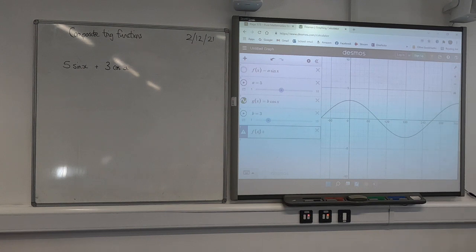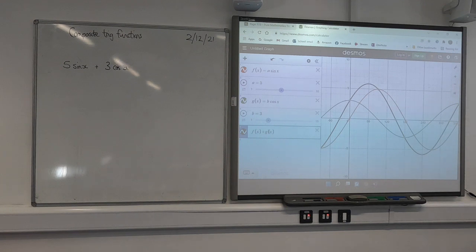Okay, here we go. So I'm saying let's take the red line, which is 5 sine x, and the green line, which is 3 cos x, and let's add them together. What do we get? We get the black line, which is another sine curve.